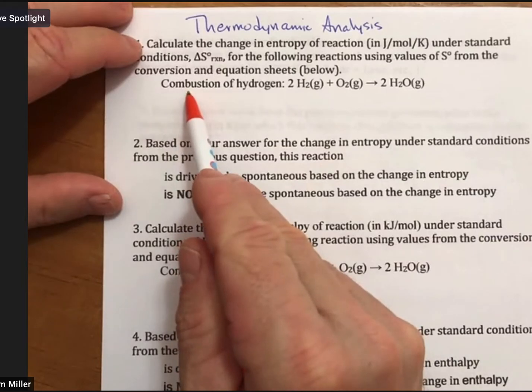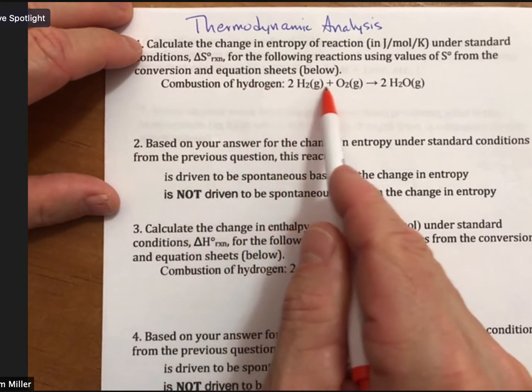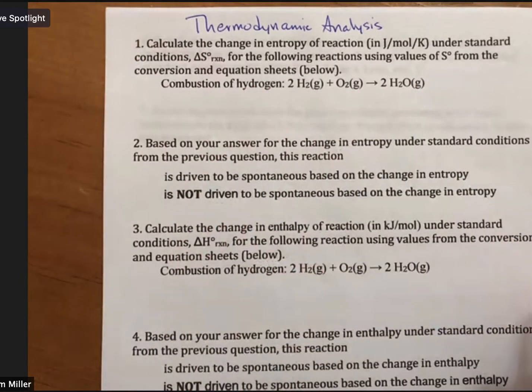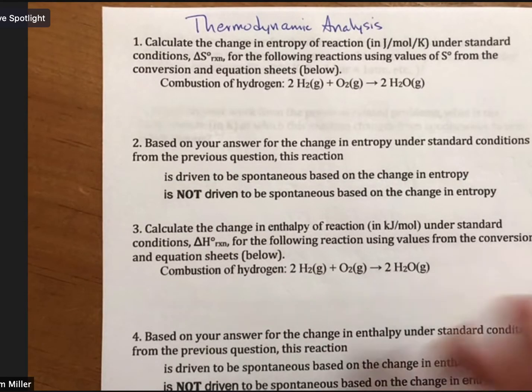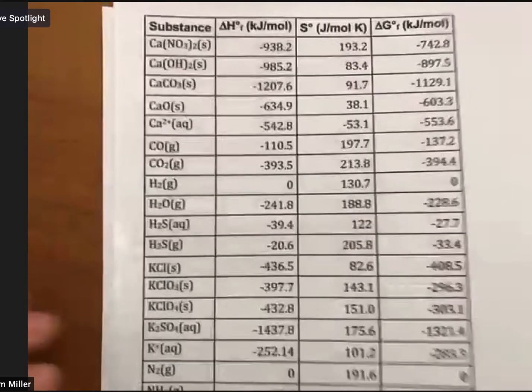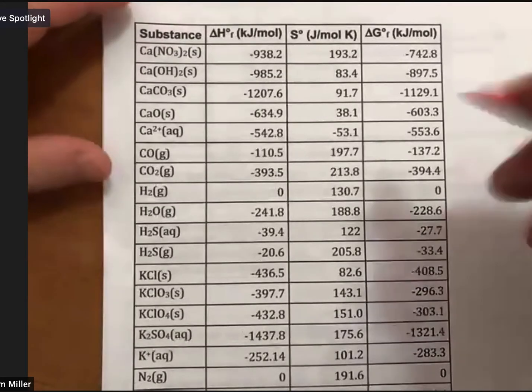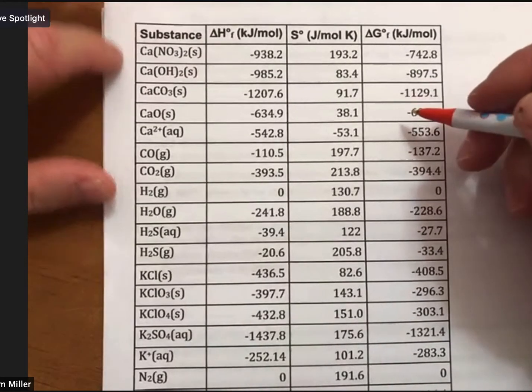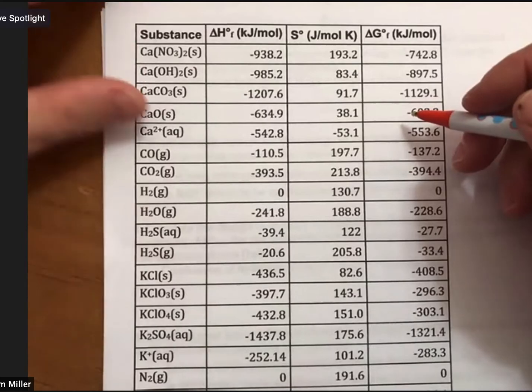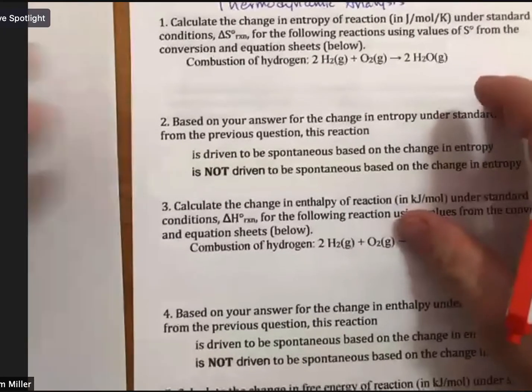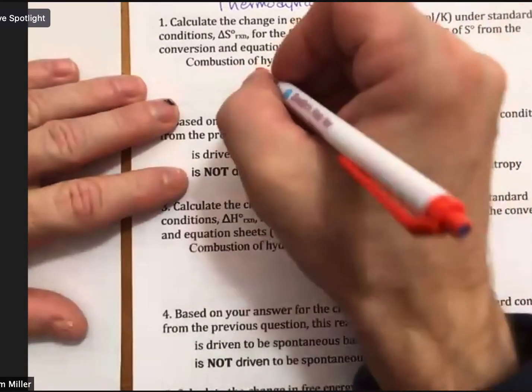So this one is combustion of hydrogen. Hydrogen plus oxygen goes to H2O gas. I need my table. And all of these reactions that you'll see on the homework were built to be part of this table. It says combustion of hydrogen. Let's see, this is entropy.